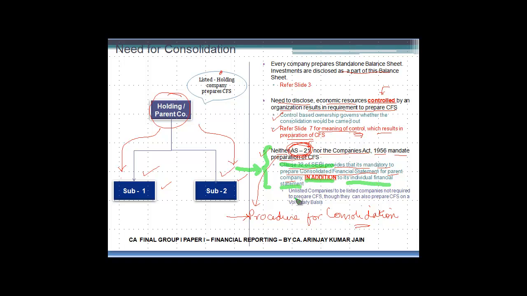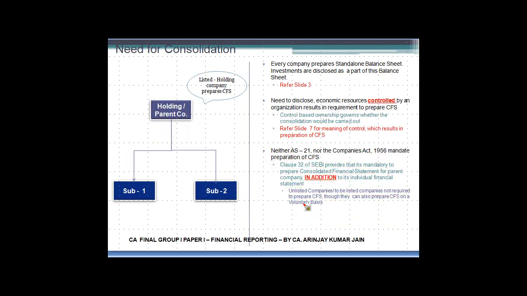So you need to prepare your individual financial statements in any case. And what follows from this is that unlisted companies are not required to prepare CFS, though they can also prepare CFS on a voluntary basis. So if you want, you can definitely prepare it voluntarily, but mandatorily you are not required to maintain these consolidated financial statements.